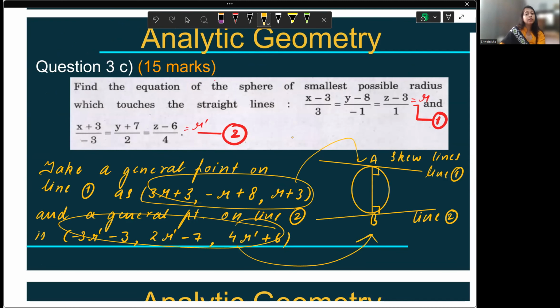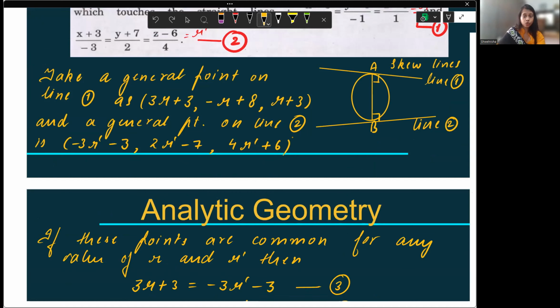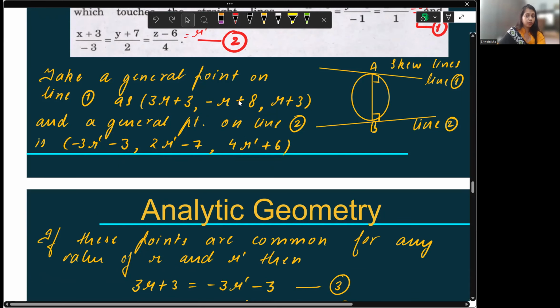A and B are these points for some values of r and r dash. So let's use these values and I can find the direction ratios of line AB. How to find the direction ratio of AB? That is x component minus x component, y component minus y component, z component minus z component. x2 minus x1, y2 minus y1, z2 minus z1.